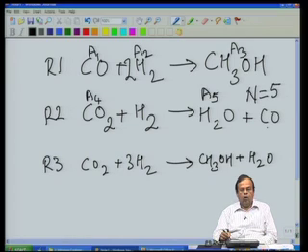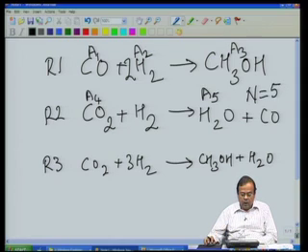So, how do we find out whether the given reactions are independent? Suppose I am given this set of reactions and I want to find out, are all 3 reactions independent, or is there some dependency of one reaction on the other two reactions? Is this really an independent reaction, or is it a dependent reaction?